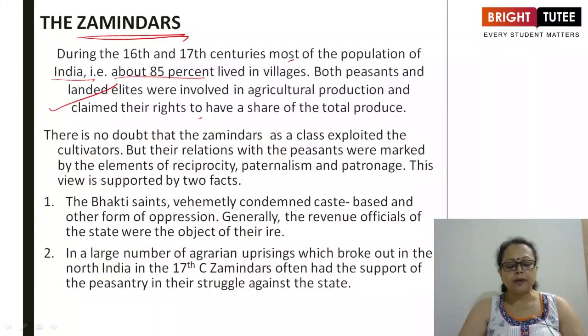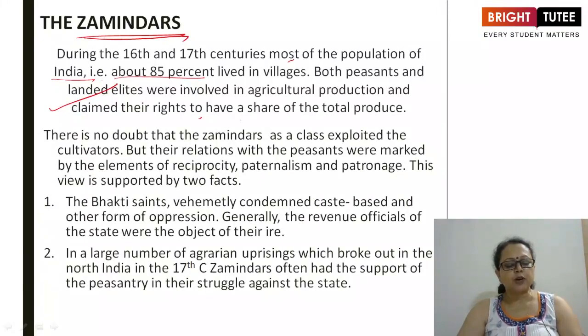Another important factor was that they performed some services, that is khidmats, for the rulers. Every Jamindar owned extensive personal lands, called milkiyat, meaning property. The Jamindars got their personal lands cultivated by hired or servile laborers, meaning bonded laborers, just like slaves.